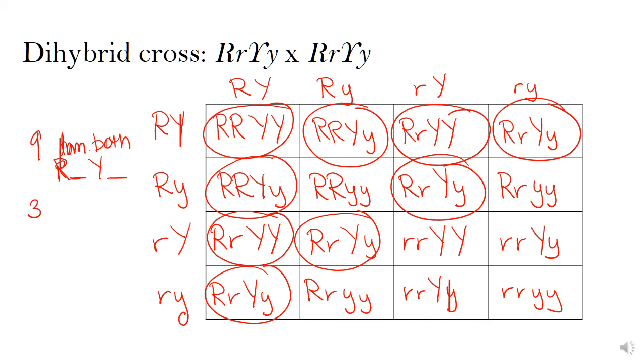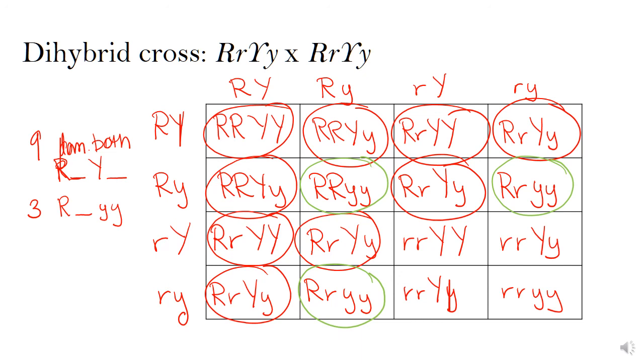I'll find that there are 3 of the genotype category R blank homozygous recessive y. So those are shown, switching colors, here, here, and here. So I had 3 of those.